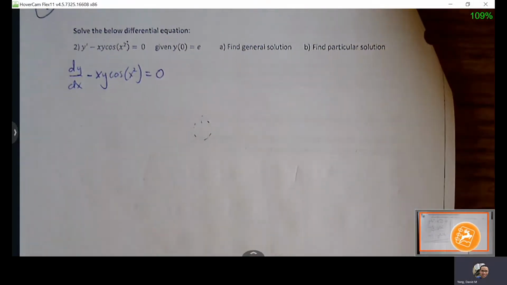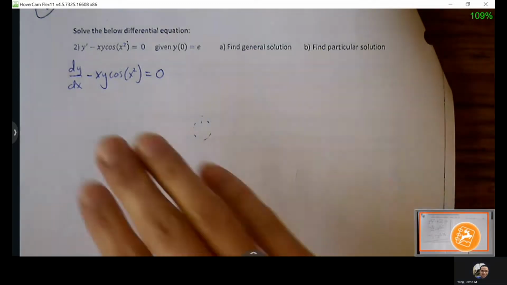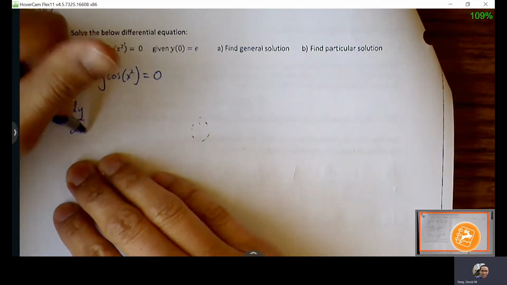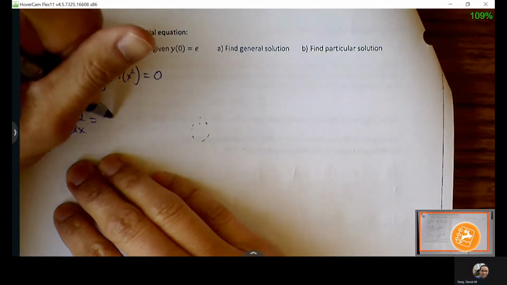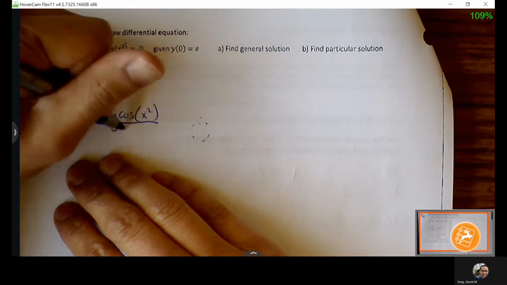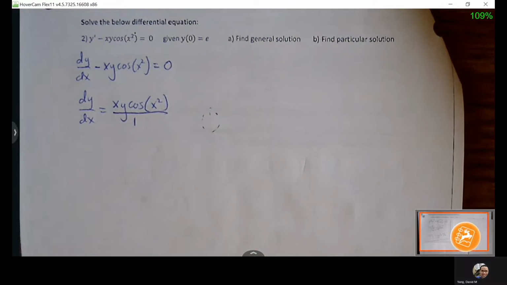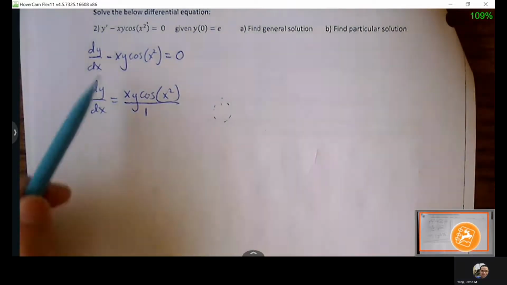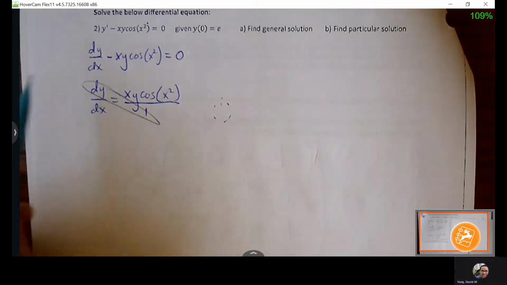Anytime that I can move things around to get two fractions equal to each other, that's where I like to be, so I can just cross multiply and get my dy and dx's lined up. Okay. Diagonals.